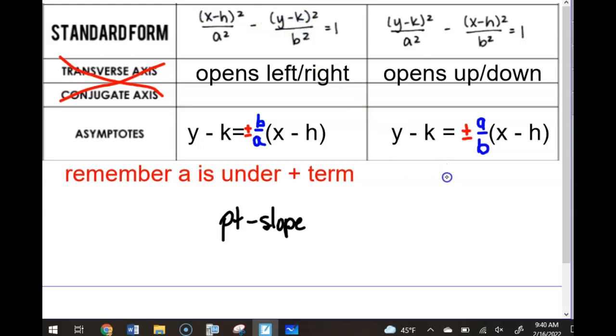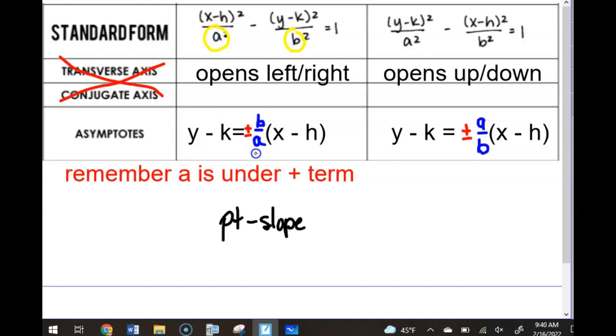Now, it is different when it opens up and down. It's b over a for one of them and a over b for the other. Can I explain why that is? Can you take a second to look up here? Underneath the y is b and a on this one, right? Underneath the x. So slope is change in y over change in x, so it's b over a.